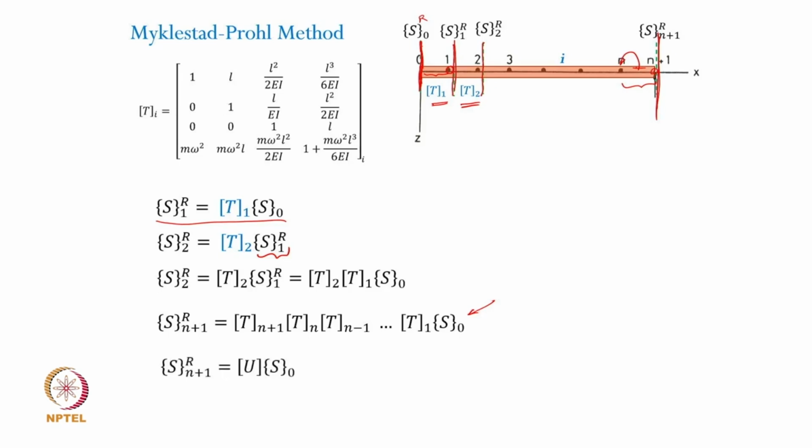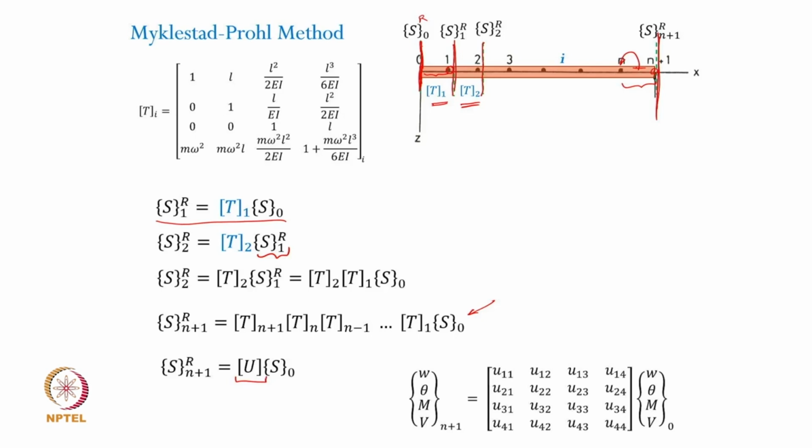The product of all of these transfer matrices can now be written as an overall transfer matrix, quite similar to what we did for the Holzer method, and therefore the relationship between all the state variables on the extreme right to the extreme left now happens to be through the overall transfer matrix, having all the 4 by 4 matrix elements defined as Uij.